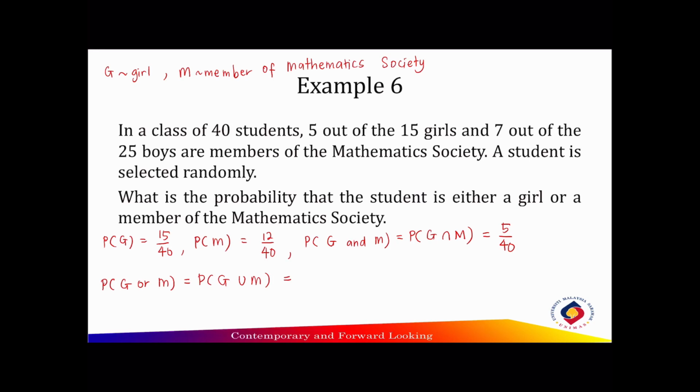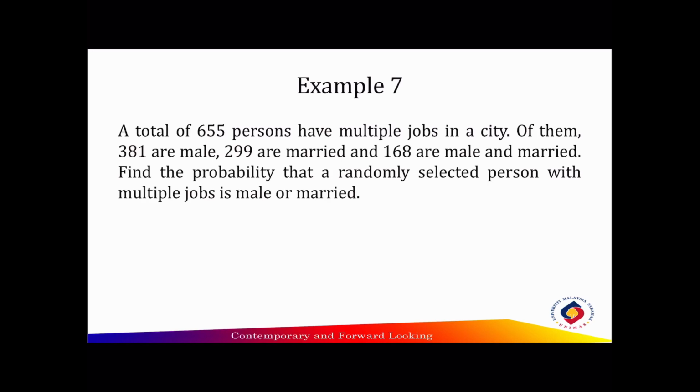By using the addition law of probability, we have P(G) plus P(M) minus P(G intercept M), which is 15/40 plus 12/40 minus 5/40, and our final answer is 11/20. So that is the solution for example 6. Done with example 6. Now let's look at example 7.